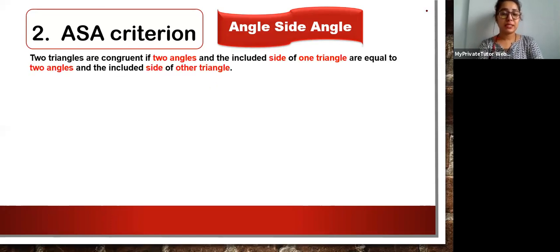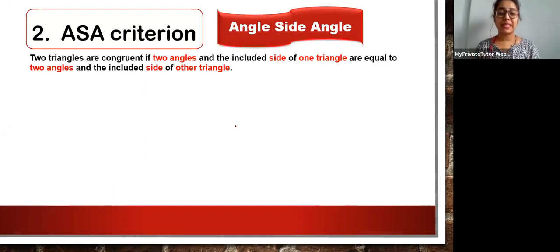Two triangles can be considered congruent only if two angles and the included side of one triangle are equal to two angles and the included side of the other triangle.